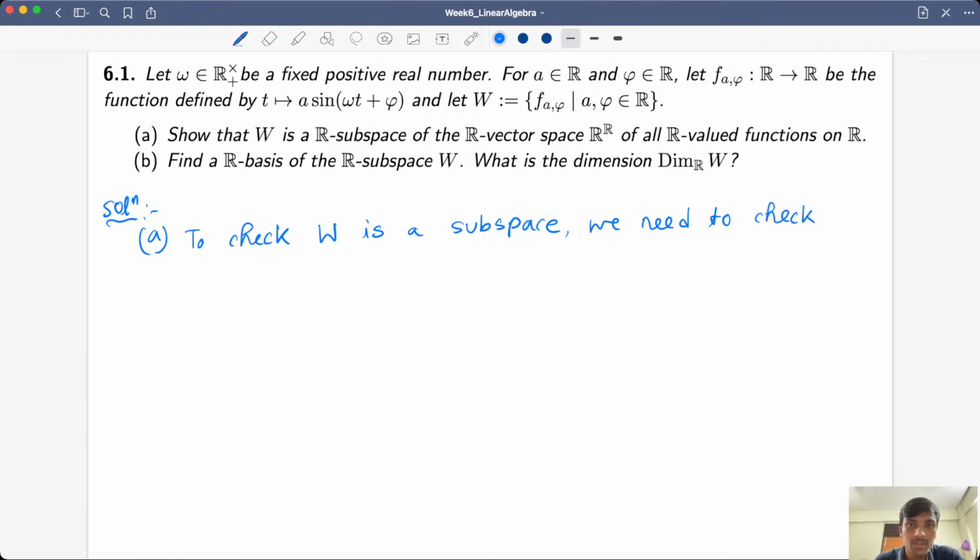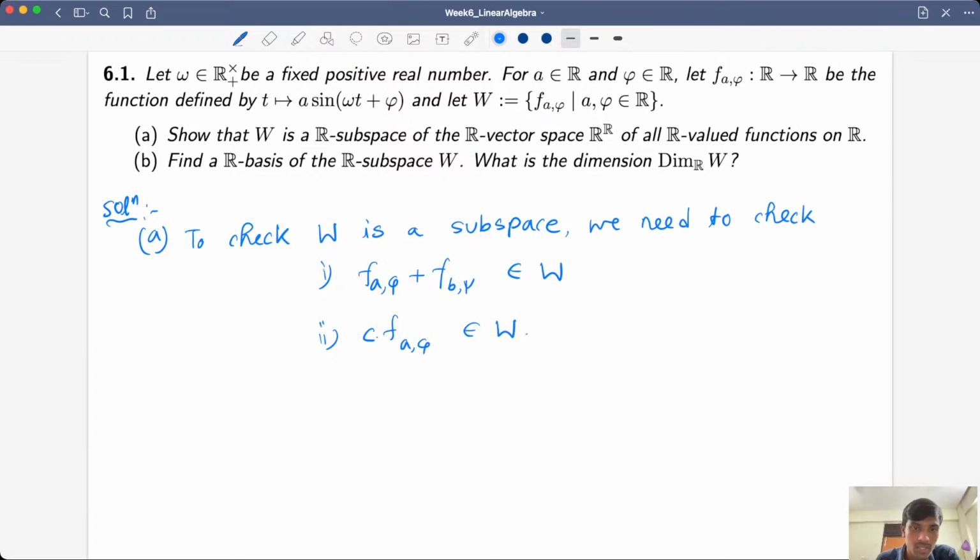If I take two elements from W and add them, that should give me an element in W itself. In this particular case, if I take f a,phi and f b,psi, for a, b, phi, psi all belonging to R, then the sum should belong to W. And second, if I multiply f a,phi by any element c from R, that also belongs to W. These two conditions I need to check.